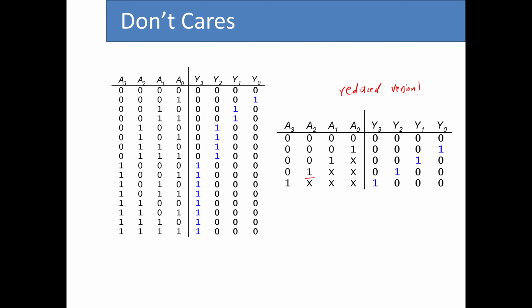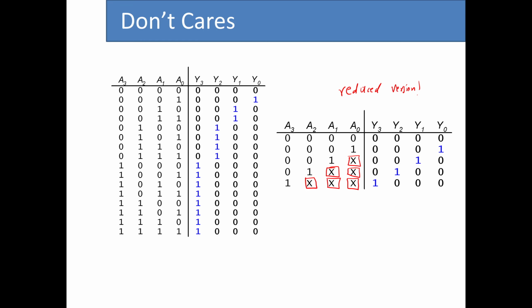By introducing the X symbol. So the X symbol here represents don't care. So any value that we don't care about in the truth table, we can represent it with X.